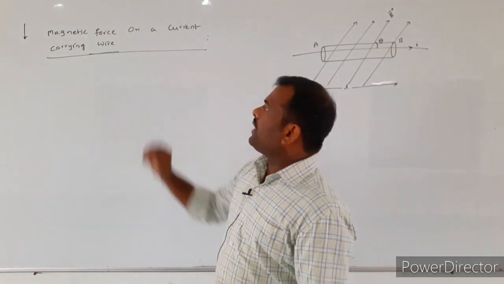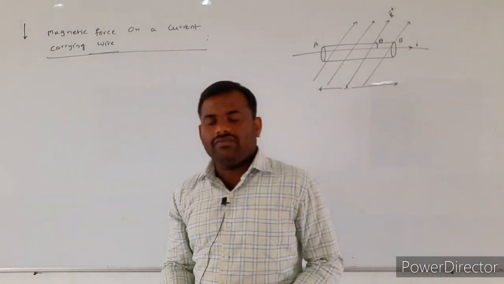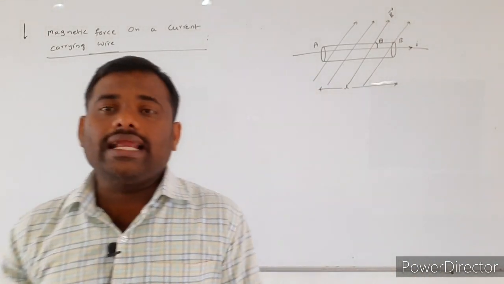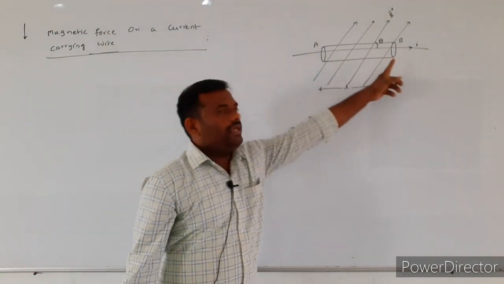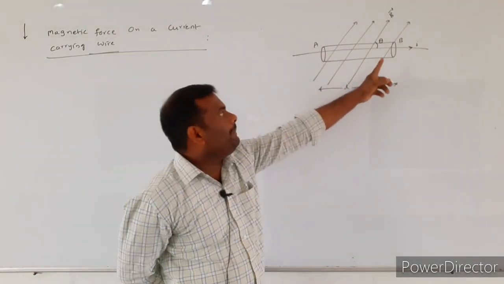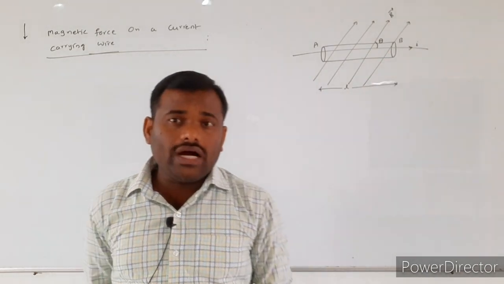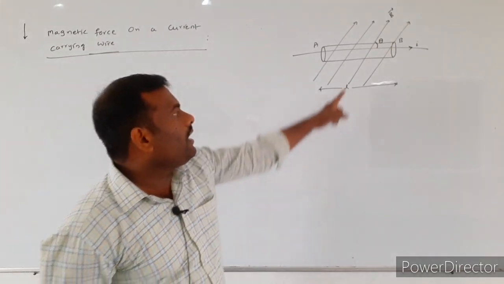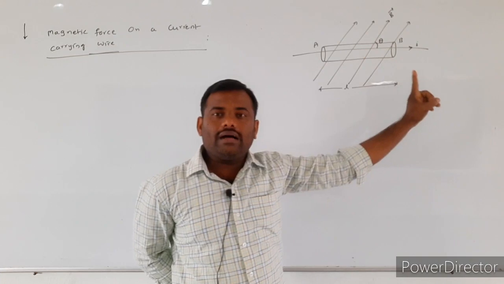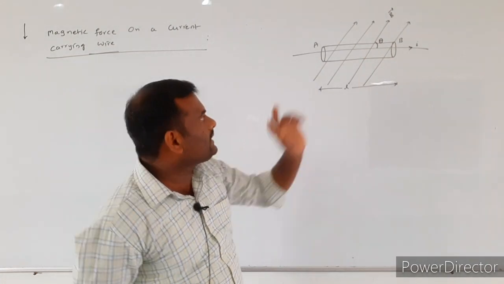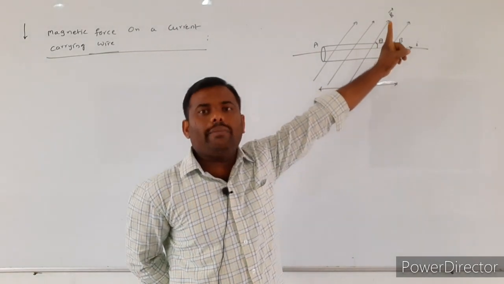Now we are going to derive the expression for the force acting on the current carrying wire. For that we consider AB indicating a current carrying wire. I is the amount of current flowing through the conducting wire, and capital B is indicating the magnetic field.